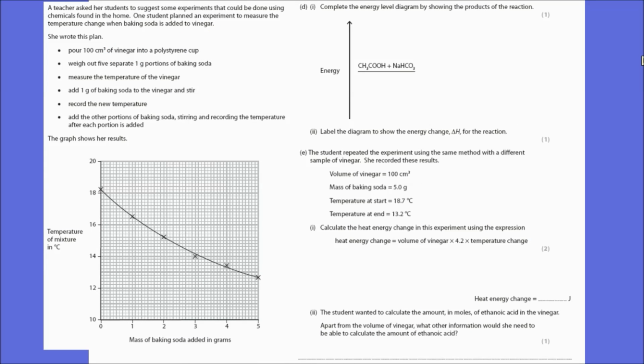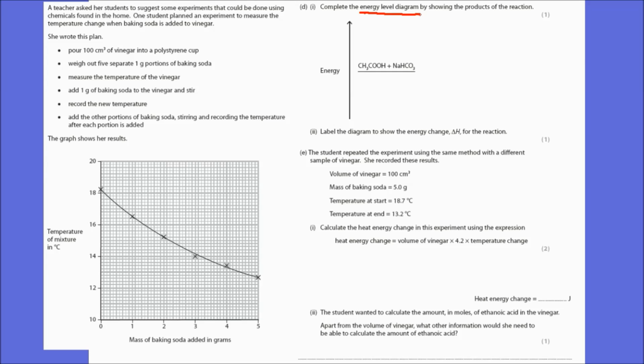Now the question continues. So here's all the prior information on the left, and here are the following questions. D part 1 asks you to draw an energy level diagram. An energy level diagram shows you the amount of chemical energy in the system.